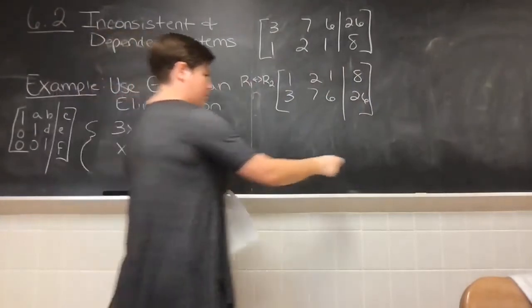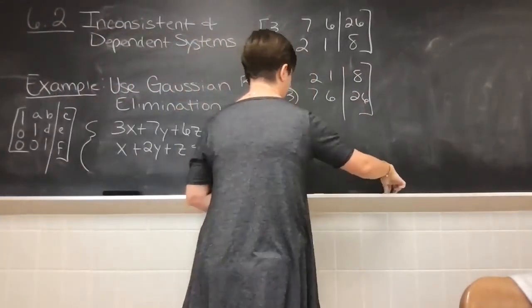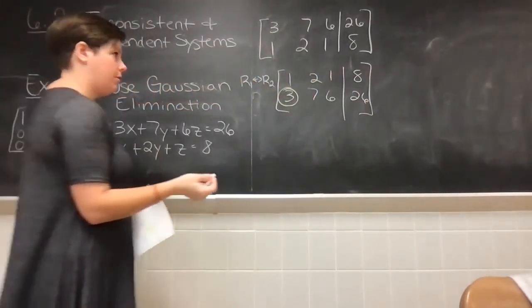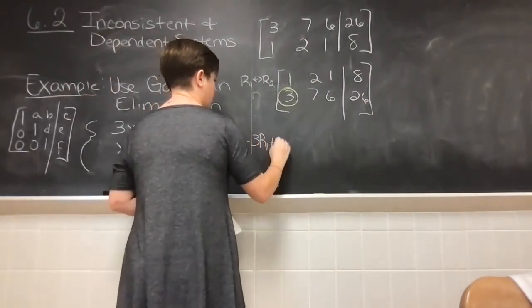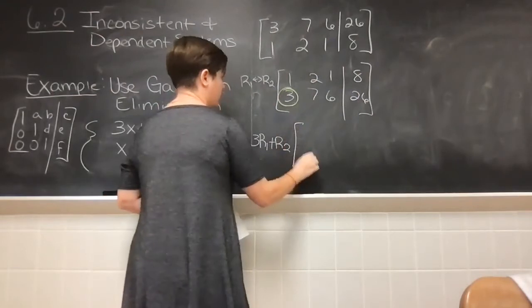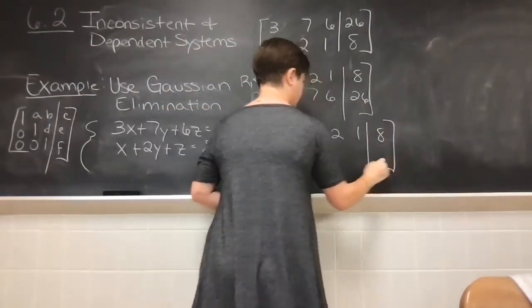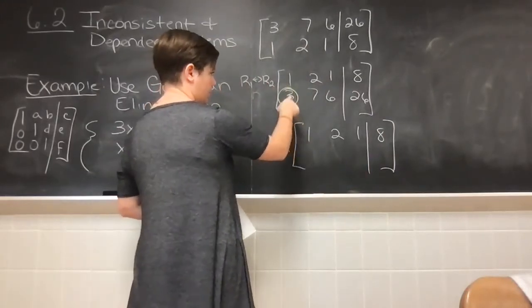So now I have to think about how do I get this to go to 0? 3 plus what gives me 0? -3. So that means I need -3 times R1 plus R2. That means my R1 stays the same. -3 times R1 is -3.